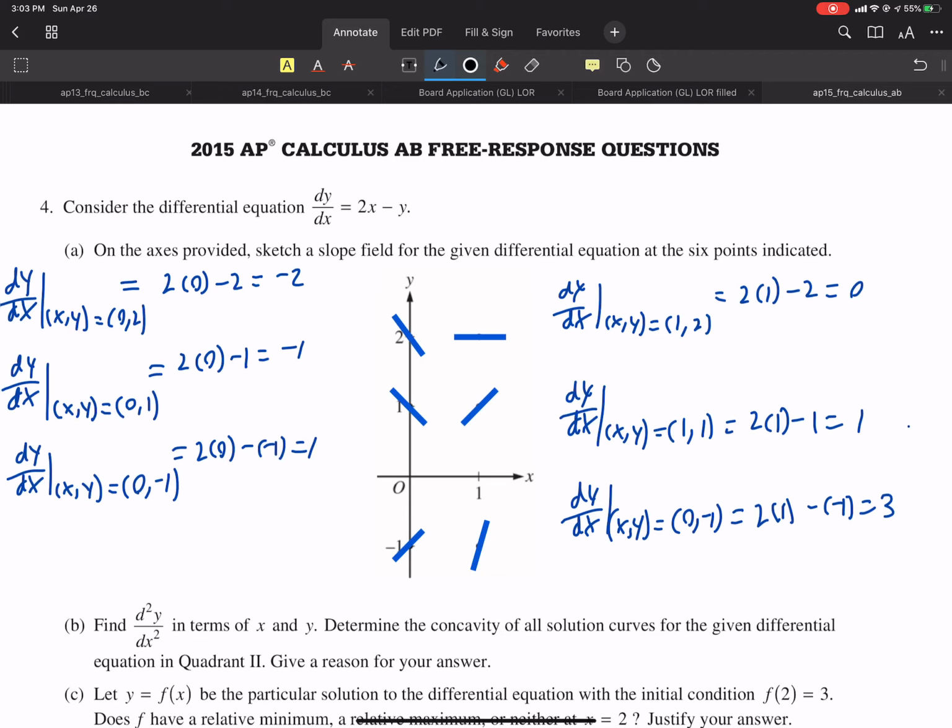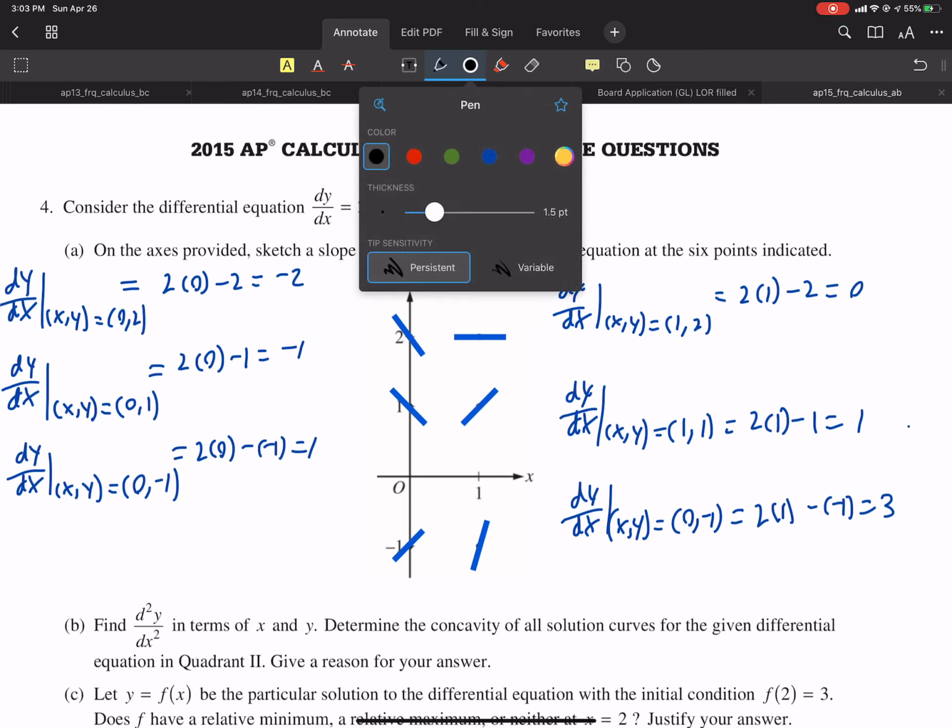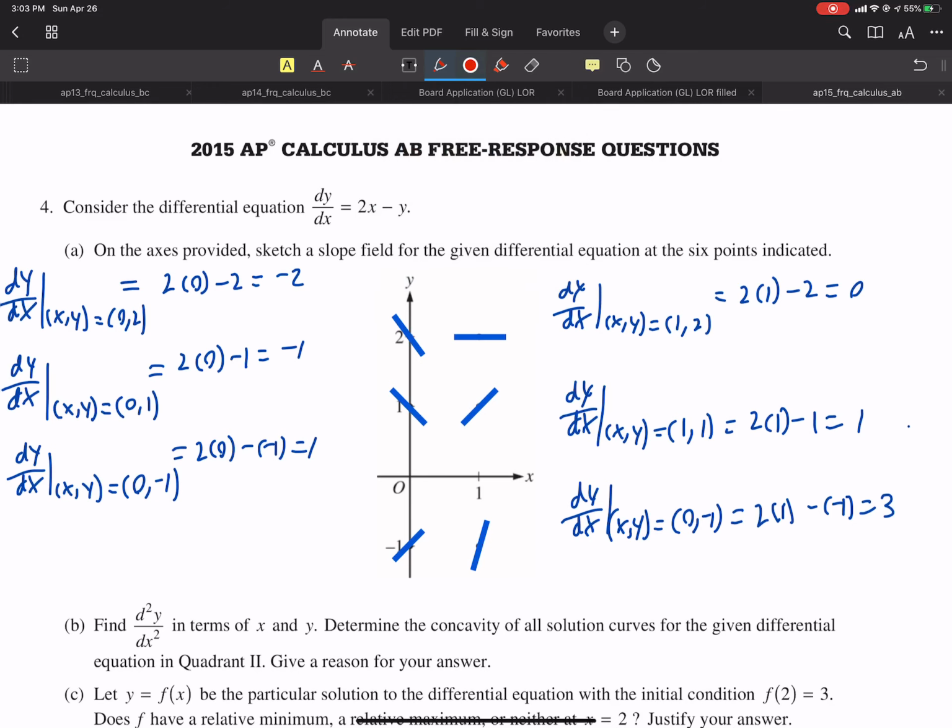As you see on all the work I've done there, I plugged the coordinates into the dy dx differential equation and I found the slopes. When you draw these, I'll give you a few notes here. You don't have to have perfect slopes, but the slopes of 1, take a look at this one and this one.